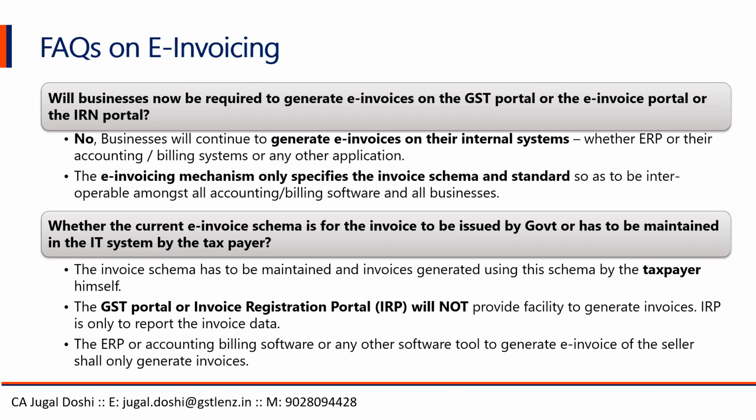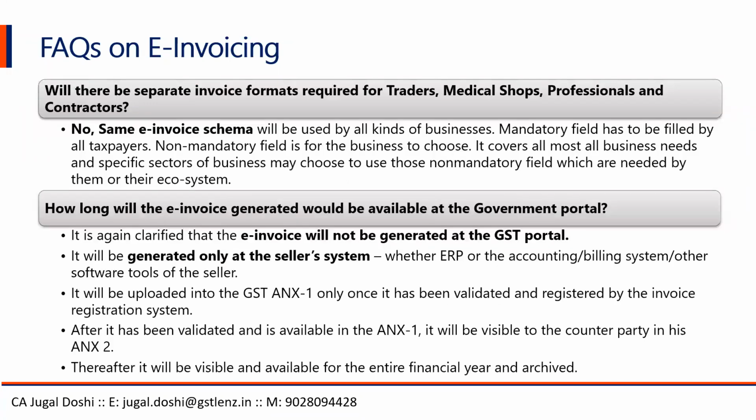The answer is, the taxpayer is only going to do it. Government is not going to issue any invoices. We just have to report them, and all accounting etc. will be done by our ERP. Next is, will there be any separate invoice formats required for traders, medical shops, professionals, contractors? The answer is no. There is one single schema which is applicable for all of them.